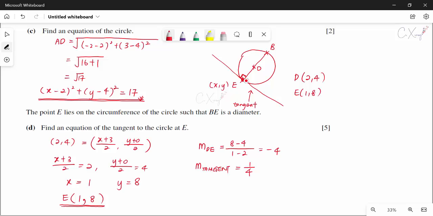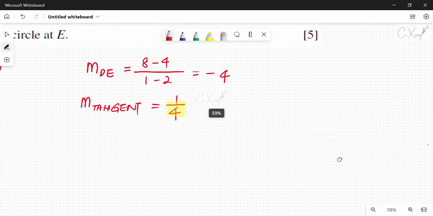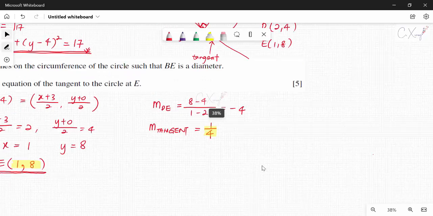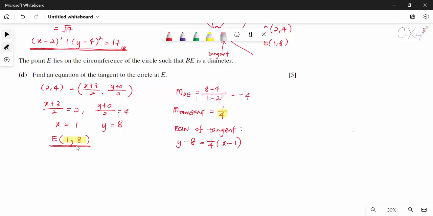Okay, so once you have the gradient and also the passing point, then you can get the equation of the tangent. So to get the equation of the tangent, what we do here is use that equation: y - y1, using point E, equals m(x - x1).